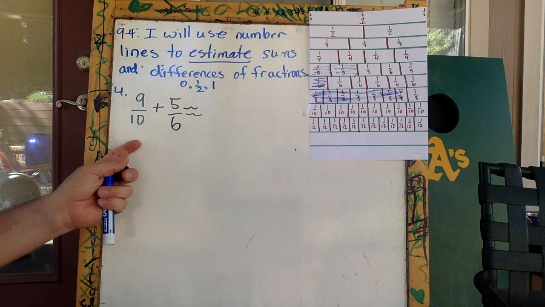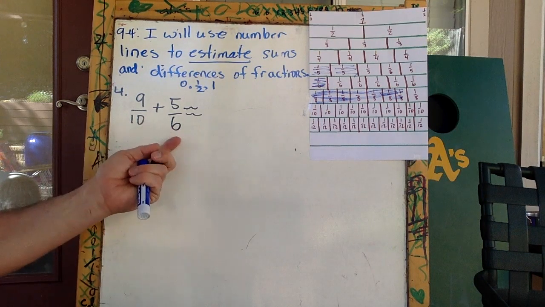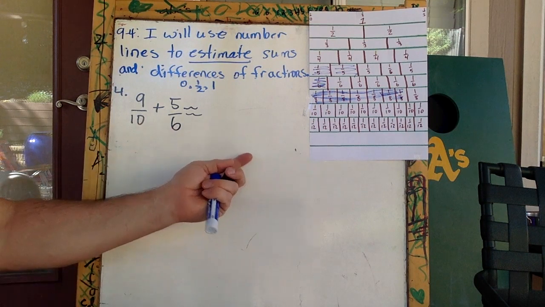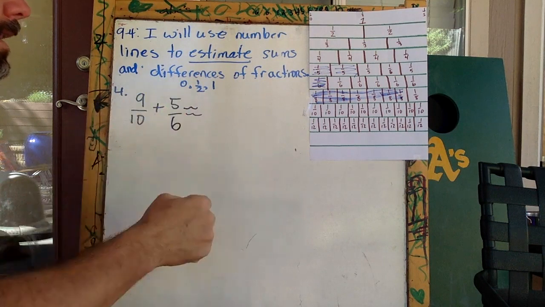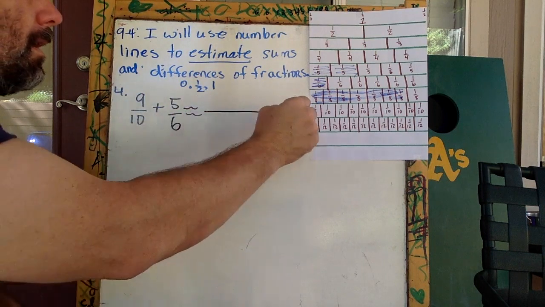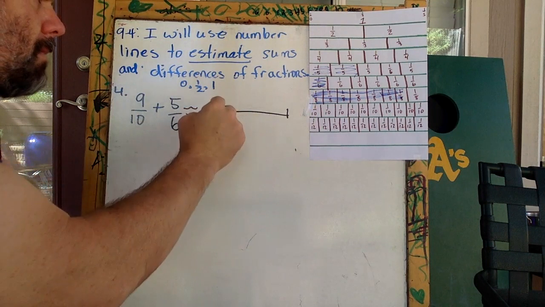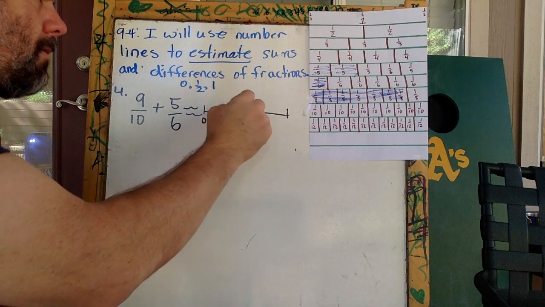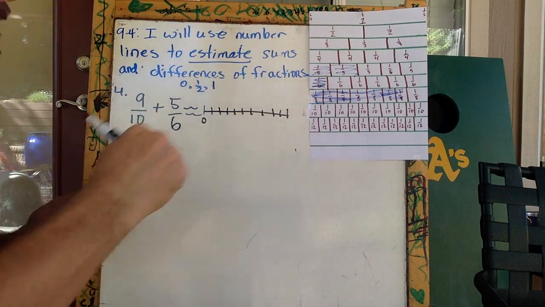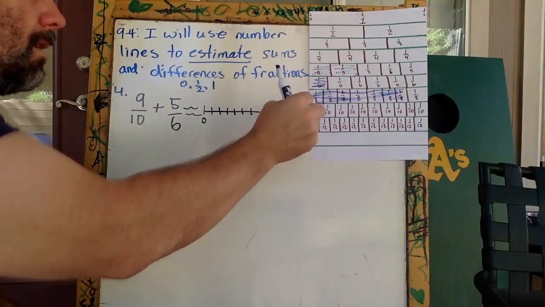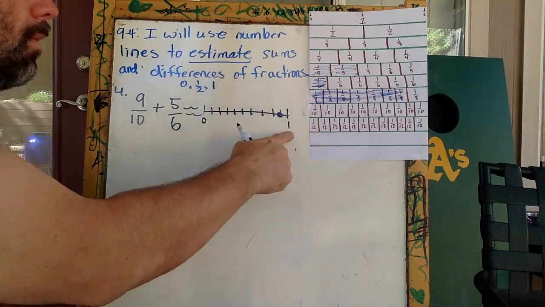Well, in this case, since I have 2 fractions that I need to estimate, can I just draw 2 number lines? That's what I'm going to do. So my first number line is going to be the 9/10. Again, here's my 0, 1, 2, 3, 4, 5, 6, 7, 8, 9, 10. This is 9/10, which is closer to 1.